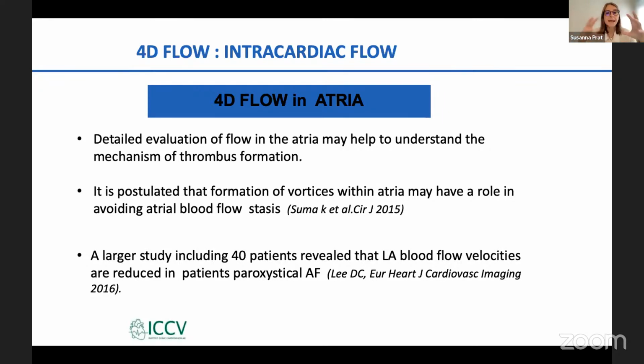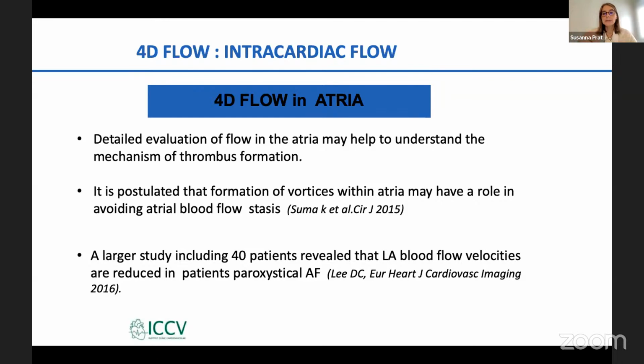If you can analyze these vortices in the atria, you can divide the patients. Other studies show that young patients with no disease have more vortices than patients with atrial fibrillation. Another larger study, including 40 patients, revealed that the LA blood flow velocities are reduced in patients with paroxysmal atrial fibrillation.